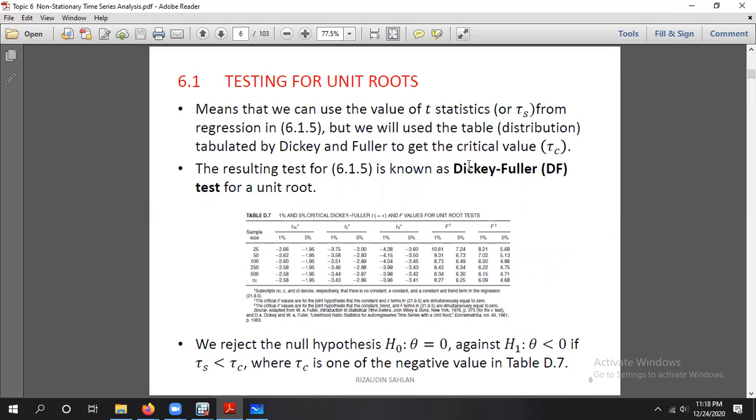We have the constant and 47 observations, so 47 is close to 50. At the 1%, let's say we put the 1%, we get negative 3.58.